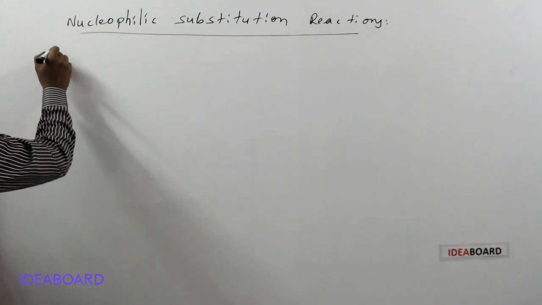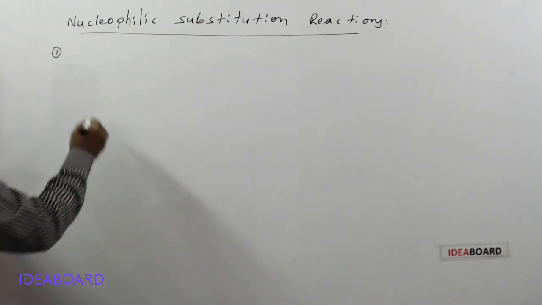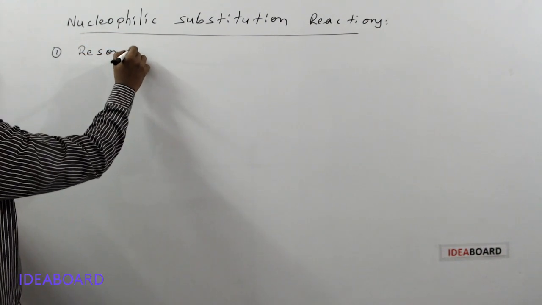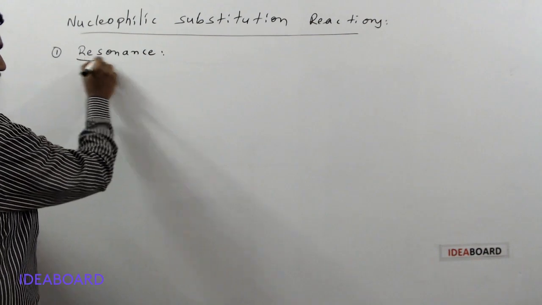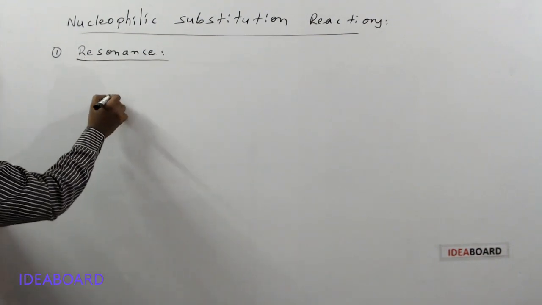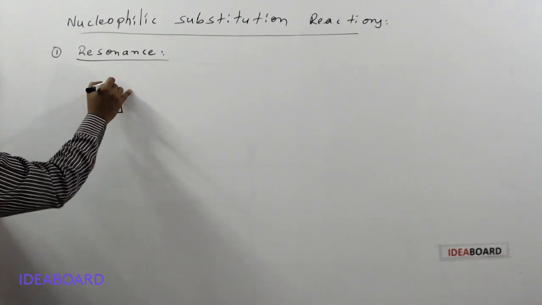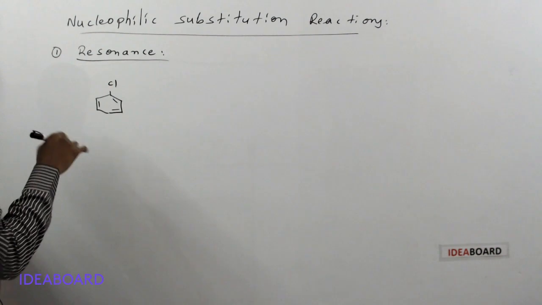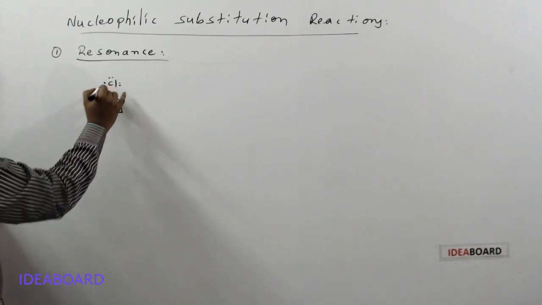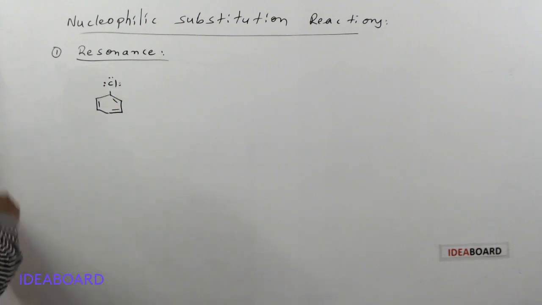The first cause for aryl halides being less reactive is resonance. What is this resonance? Take chlorobenzene as an example of an aryl halide. The chlorine has 3 lone pairs, and these lone pairs and the pi bond are in conjugation.